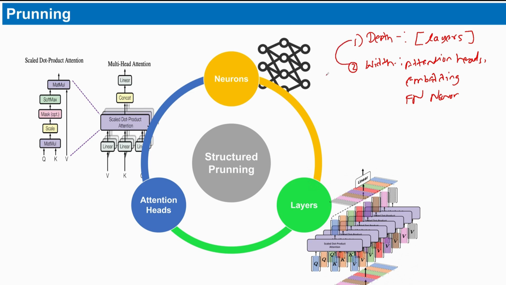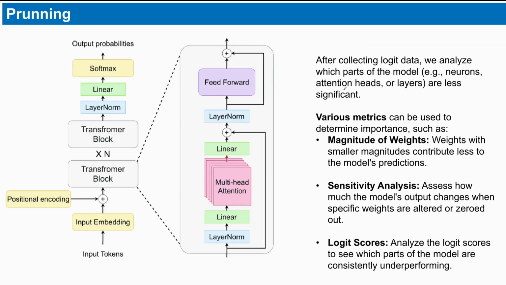So how did they do it? Suppose this is an architecture, and consider that this is the decoder-only block which we have.